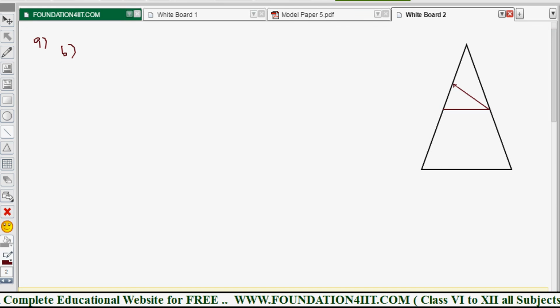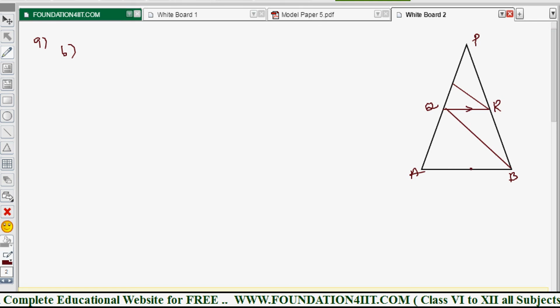And one more line, these two lines are also parallel. First of all, triangle PQR and triangle PAB, prove them similar.